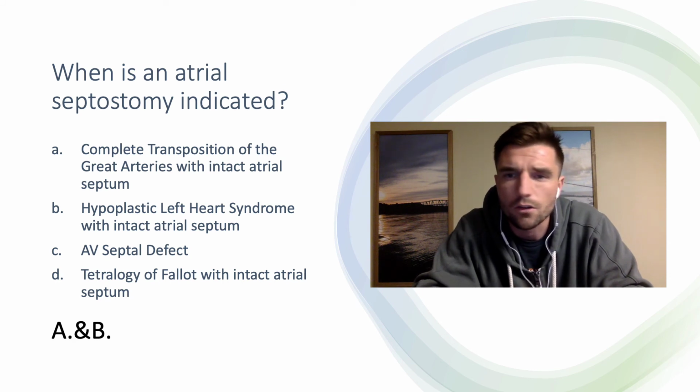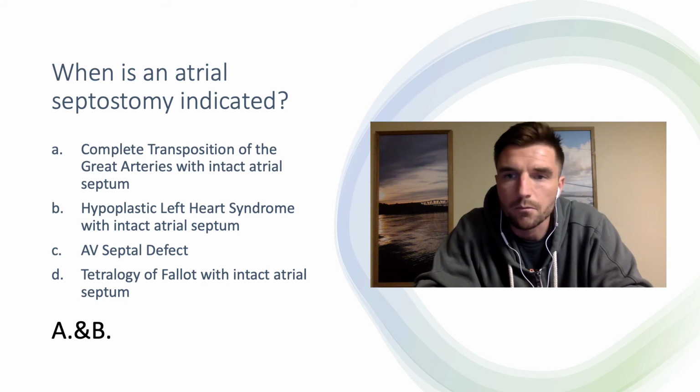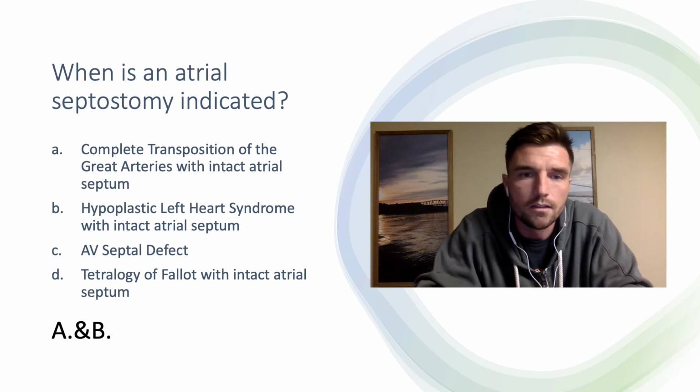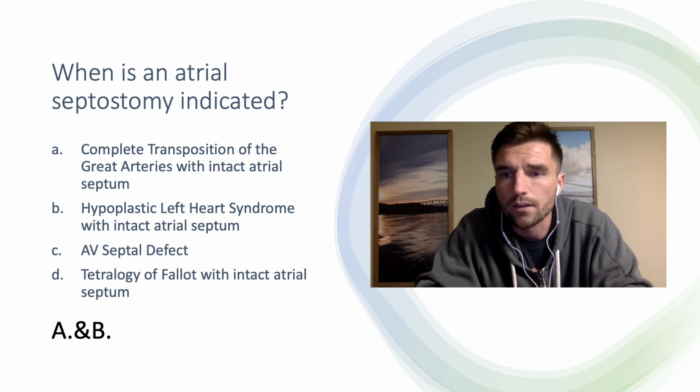D, Tetralogy of Fallot. We've talked about this already. There's a very large VSD in this lesion, and so an atrial septostomy would not be necessary for intracardiac mixing, intracardiac shunting. So that leaves you with choices A and B, and actually we'll find out in the next two slides these choices are both correct.